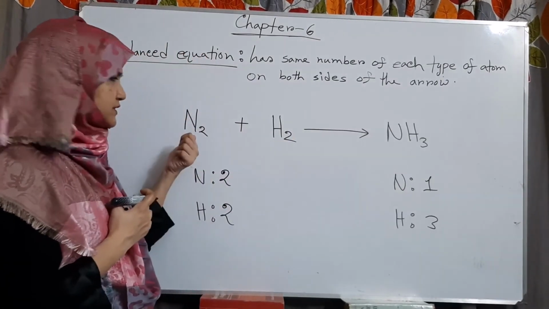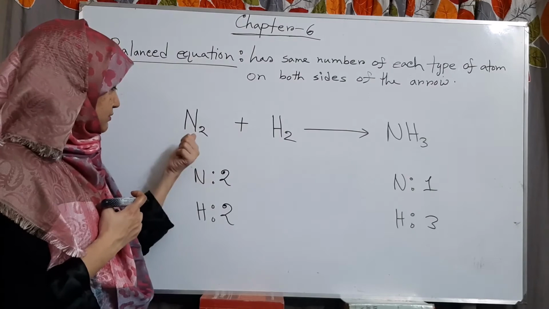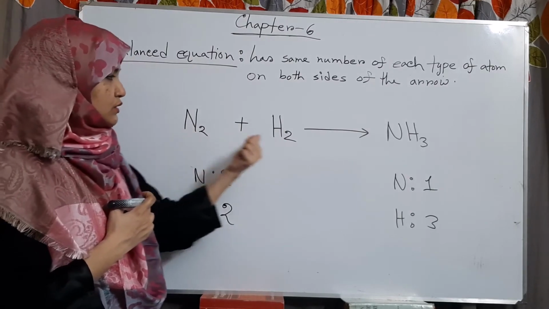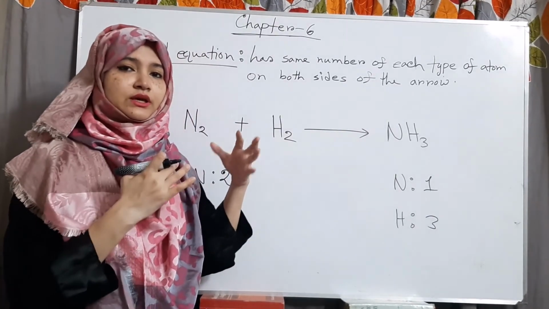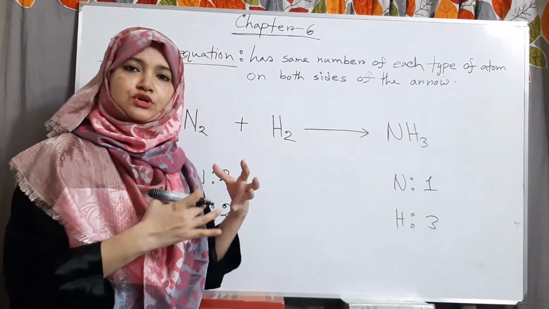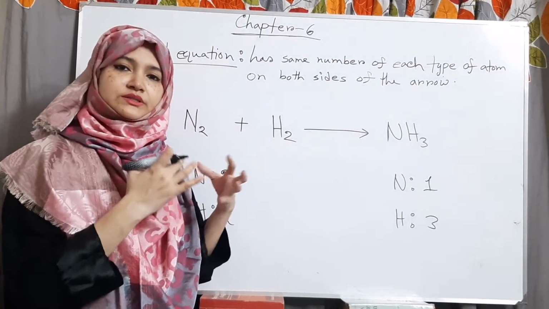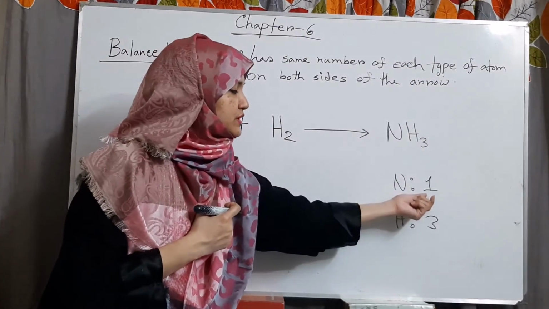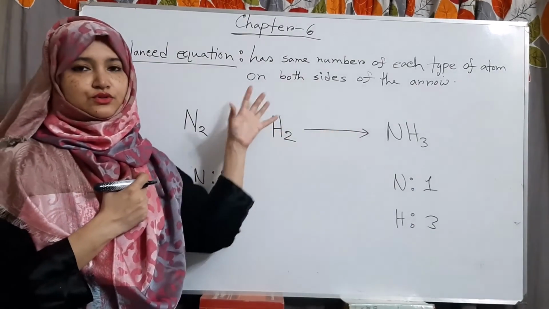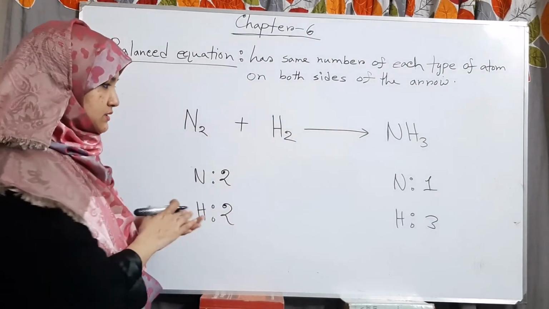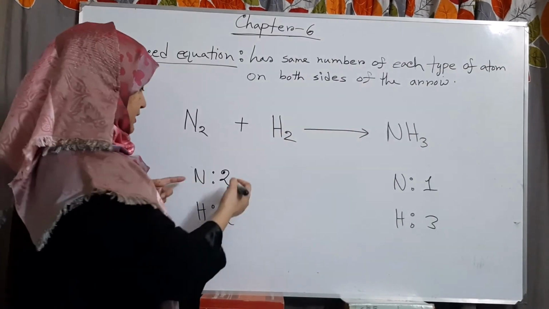At first, nitrogen: here nitrogen is 2 but here only 1. So now we have to think by which number we can multiply those compounds to balance them.